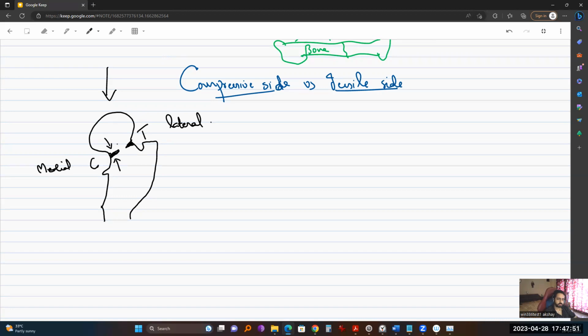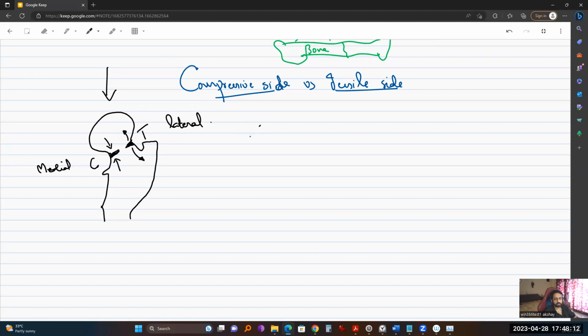So this is the compressive side. On the lateral aspect, the opposite happens. This part is pulled apart. So this is the tensile side. C is for compressive and T is for tensile.